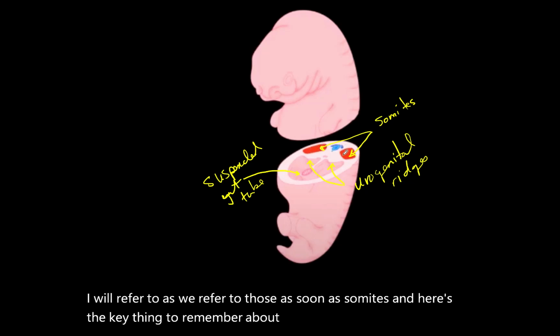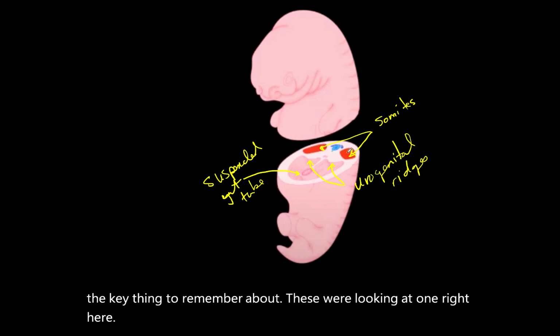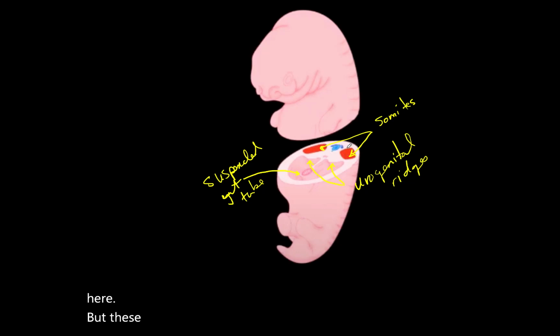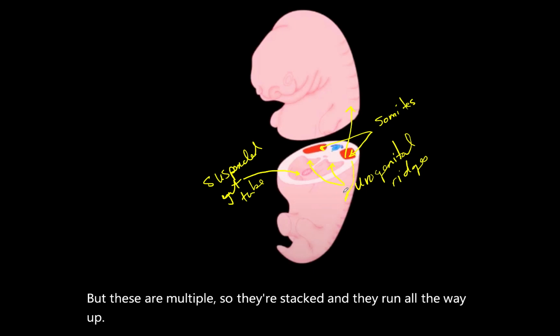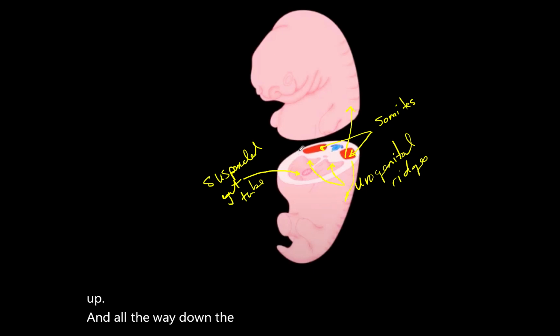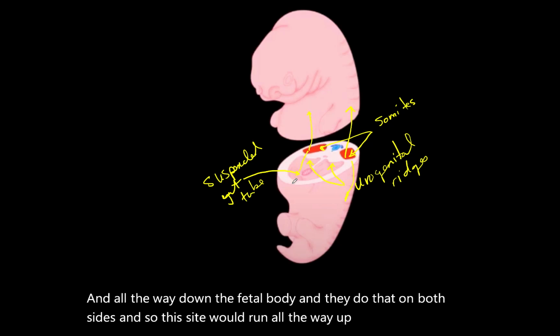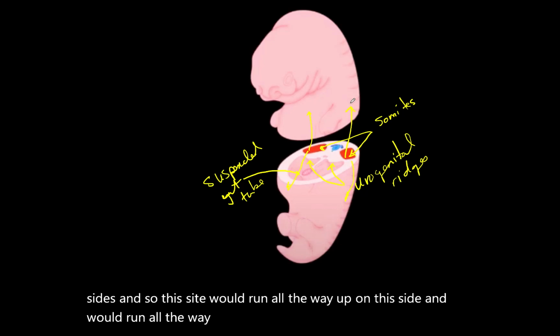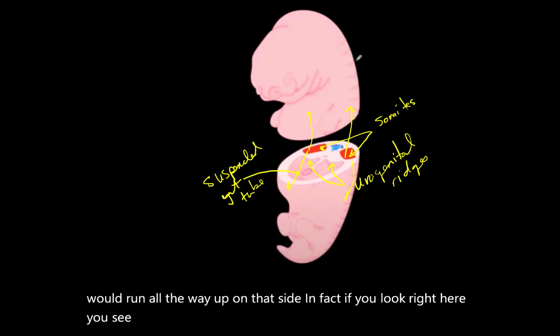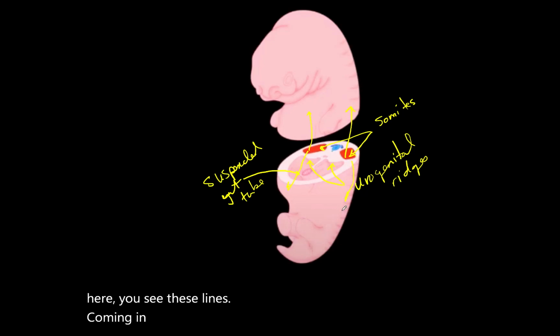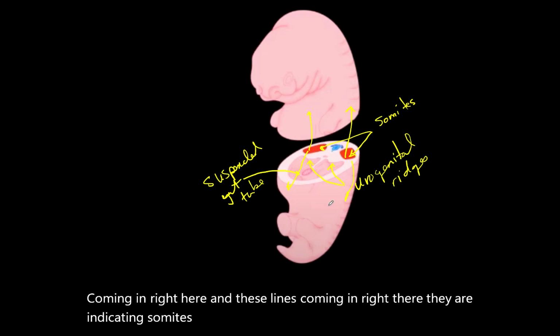We're looking at one right here, but these are multiple, so they're stacked, and they run all the way up and all the way down the fetal body, and they do that on both sides. If you look right here, you see these lines coming in, indicating somites, these segmented blocks.